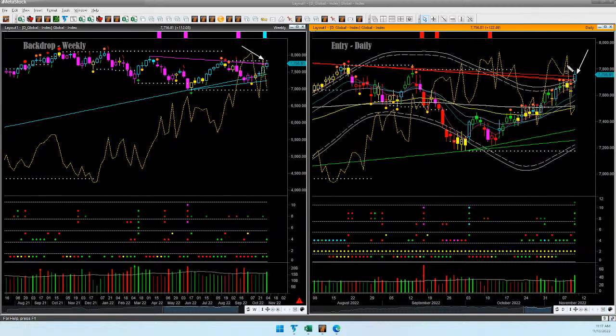However, we see in the daily that the breakout is not decisive, it has an upper tail. If it can come down next week, then that will give a low risk shorting opportunity. If it goes up, then we may look for buying opportunities.